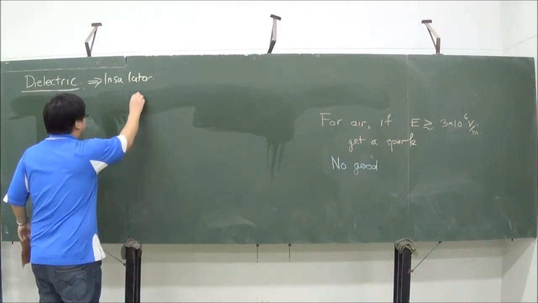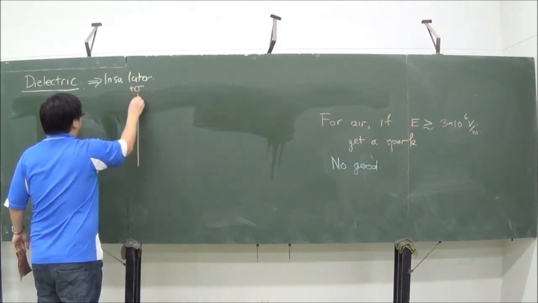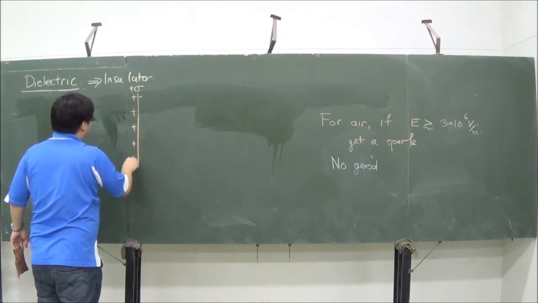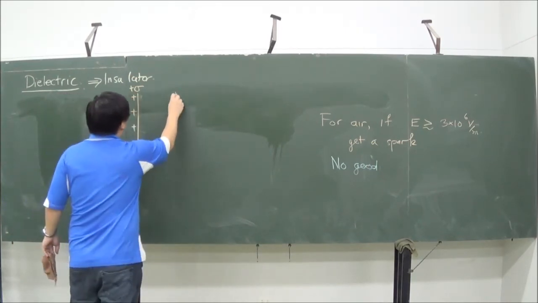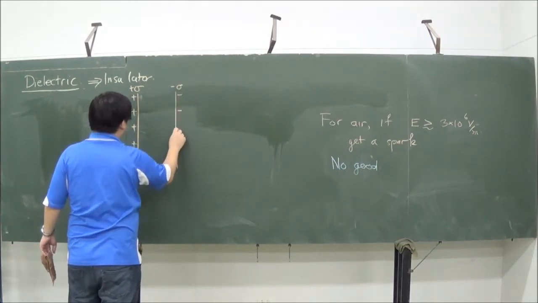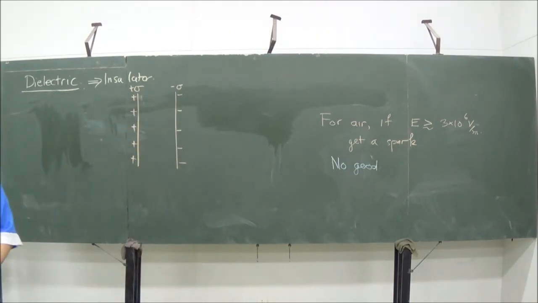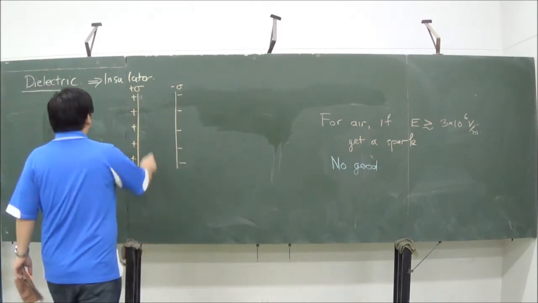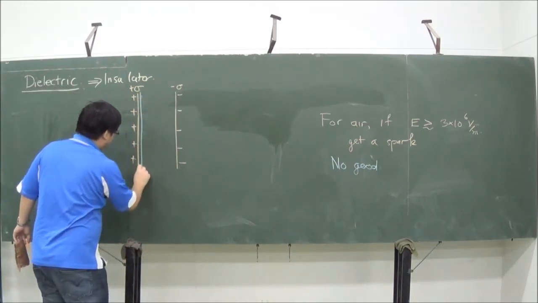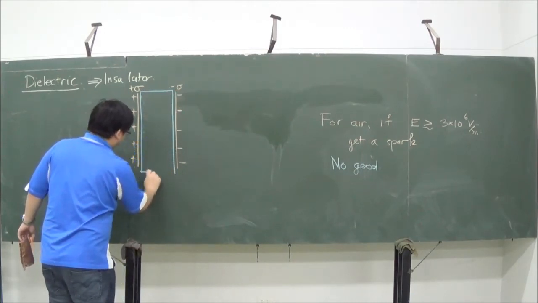So suppose we've got a parallel plate capacitor. We get positive charges on this plate, and here is the negative plate. To prevent the spark, we say, why don't we insert an insulator between these two plates?